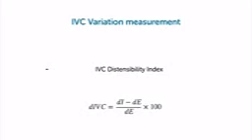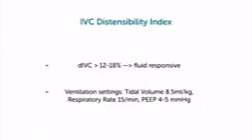This is the percentage of distension of the vessel. And how does this value help us now? An increment between 12 and 18% or above means fluid responsiveness. That means if you have a value above 12 to 18%, you should give them fluids and they will probably respond with an increase of cardiac output.